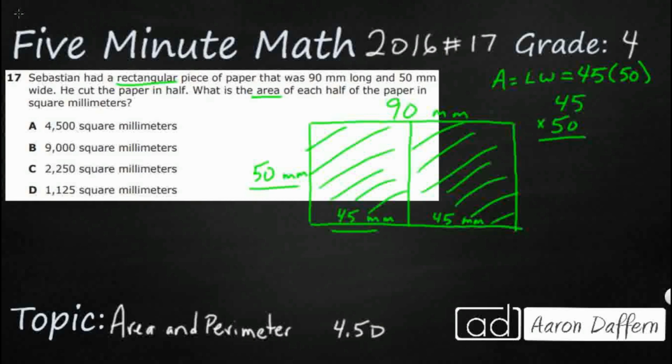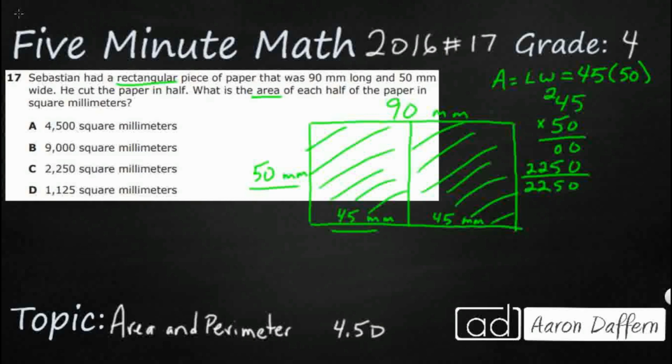Put a 0 on the bottom because that first row is going to be super easy. Then really we'll just do 45 times 5. So 5 times 5 is 25. 5 times 4 is 20. Add that 2. And it looks like I've got 2250. So 2,250, which is one of my options.